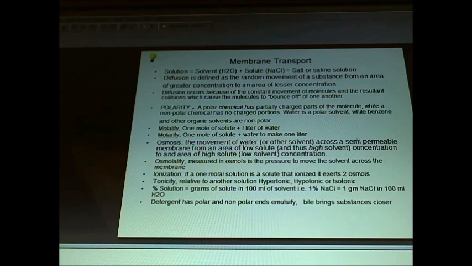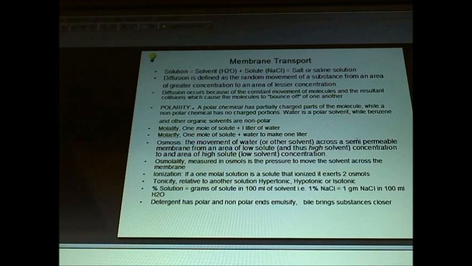Tonicity. Tonicity is relative to another solution. So going back to this sodium chloride solution, if you have a 2 molar solution on one side of the membrane and you have a 1 molar solution on the other side of the membrane, the 2 molar is hypertonic compared to the 1 molar, meaning it's more concentrated.